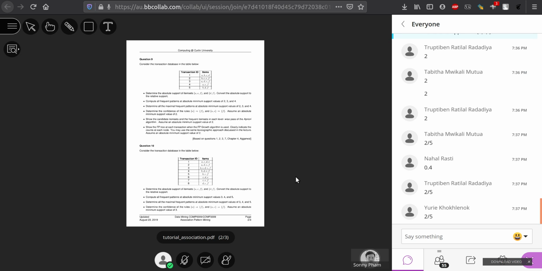Now, the next thing is, can you compute all frequent patterns at an absolute minimum support of, let's just say, 2 first. That's a bit of an exercise.